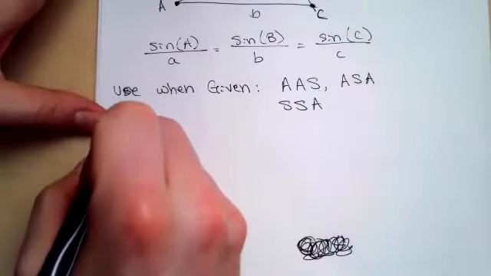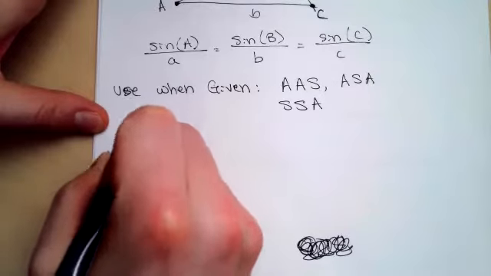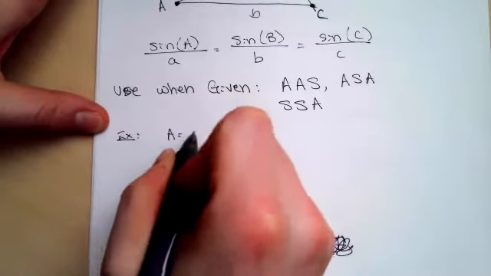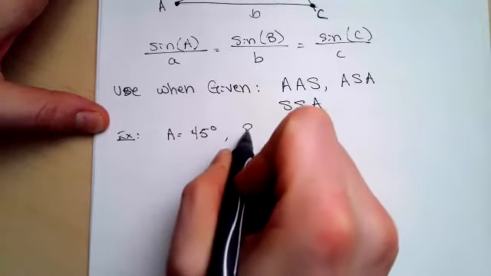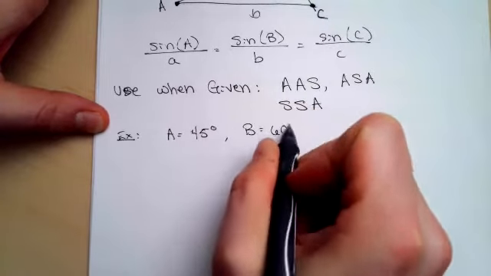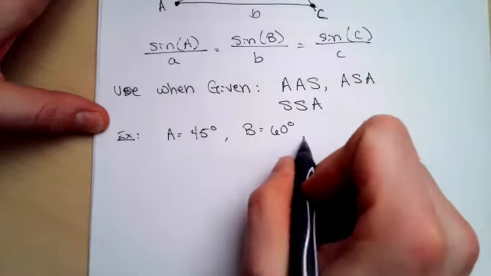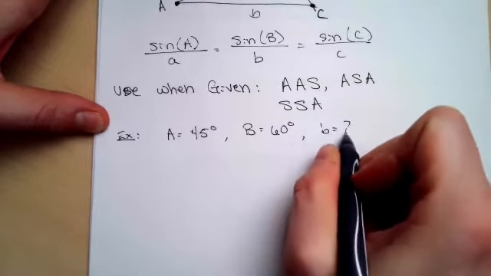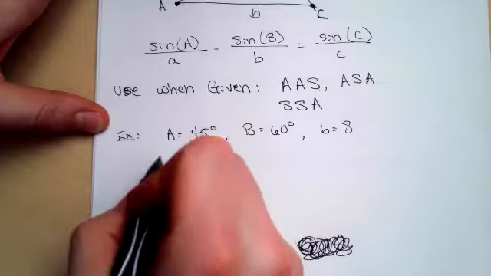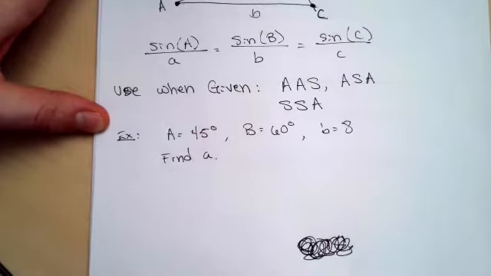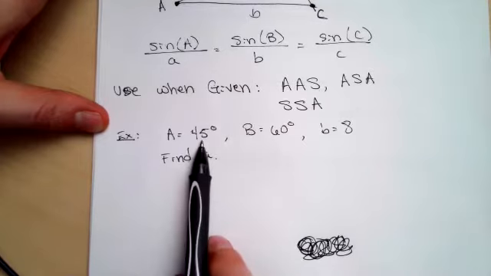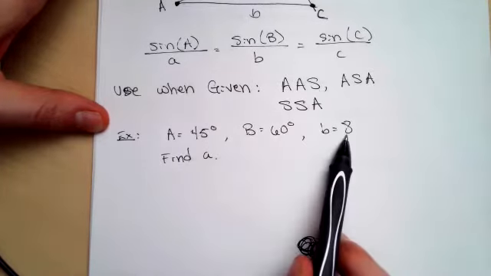So let's say we were given that angle A is 45 degrees, angle B is 60 degrees, and side B is 8. And we are asked simply to find A. So we recognize we're given two angles and a side.